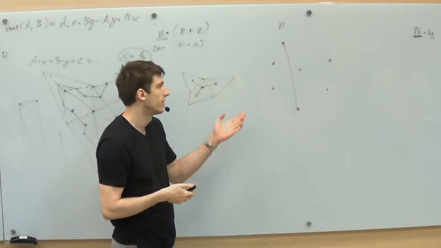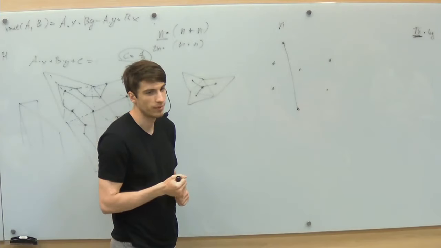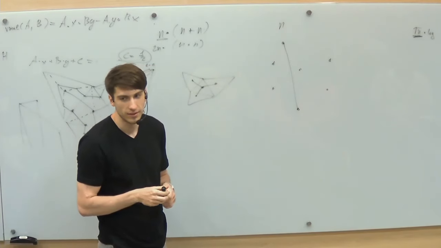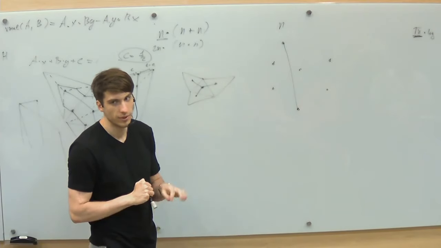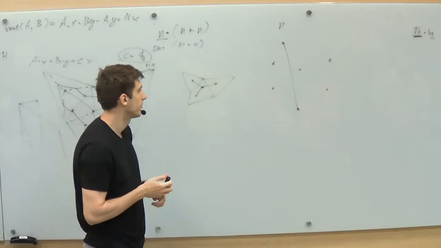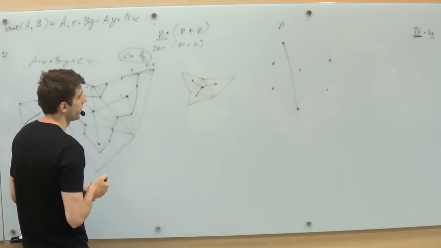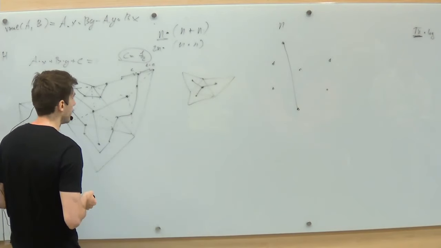Raise your hand if you know how to solve this problem faster than in square time. Okay, it's fine. I think it's not that bad if you hear the solution one more time.